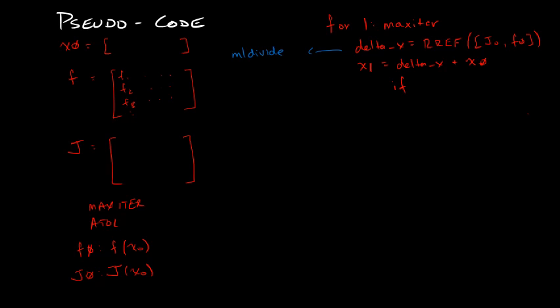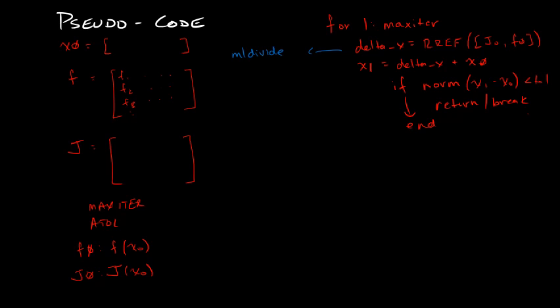In this case, we're dealing with vectors now, so I can't just do one minus the other because that's going to give me a vector. So I want to take the norm, or the Euclidean distance, of x1 minus x, something like that, less than tolerance. And if it's less than the tolerance, then we're done. A lot of different ways you can do that. Return if you're in a function, or break, but stop the code. And so that's our nice little tolerance check there.